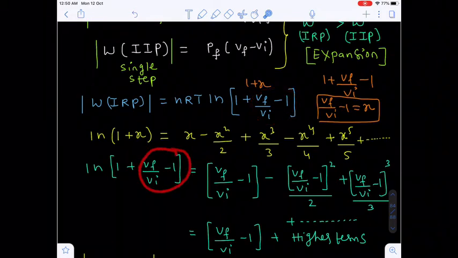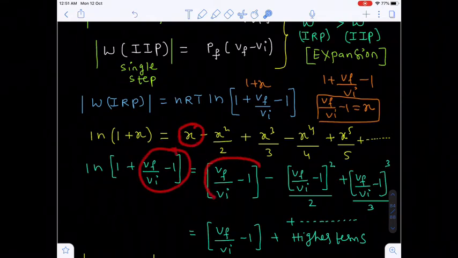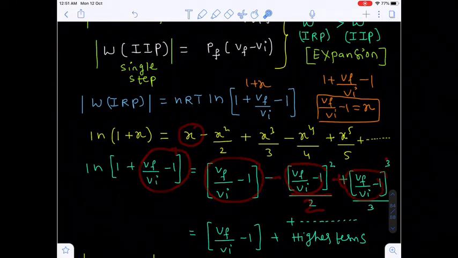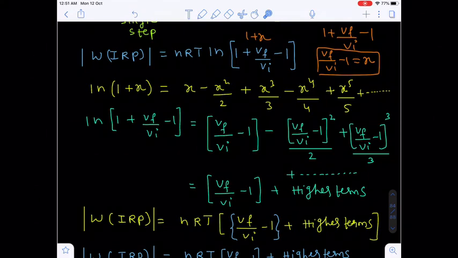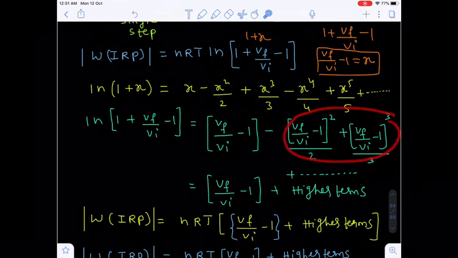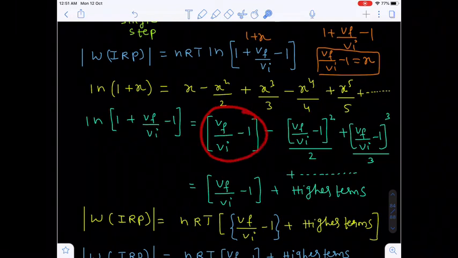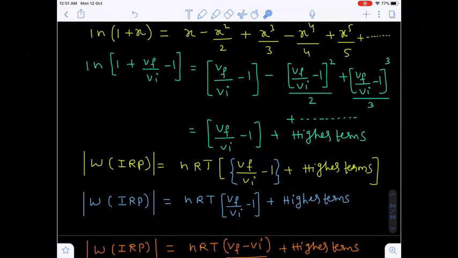The first term is X, minus X square by 2, plus X cube by 3 and so on. We are not considering the higher terms, we are writing them as they are, and only taking the first term, that is the X value, that means V final by V initial minus 1.